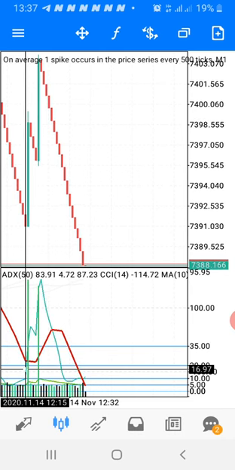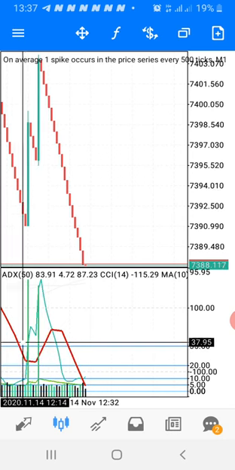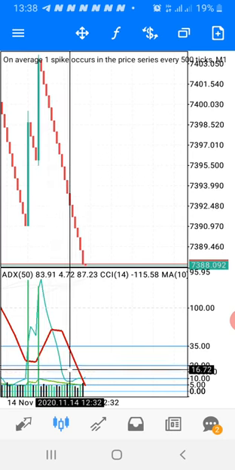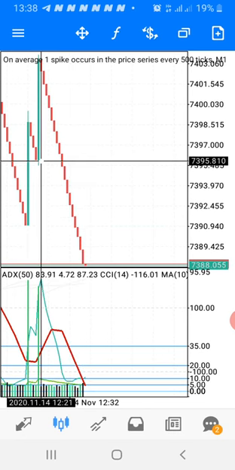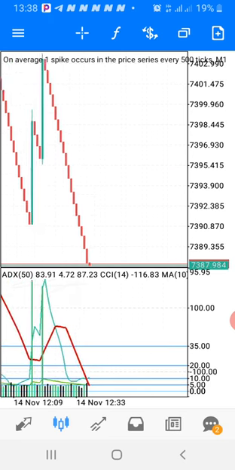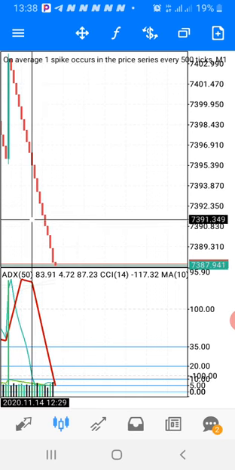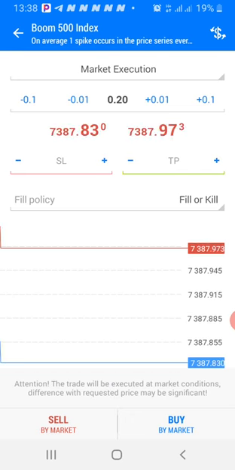It crossed, then we got a buy. You see? So this is another crossing. As you can see, this is another crossing. So I want to place a buy for this market.